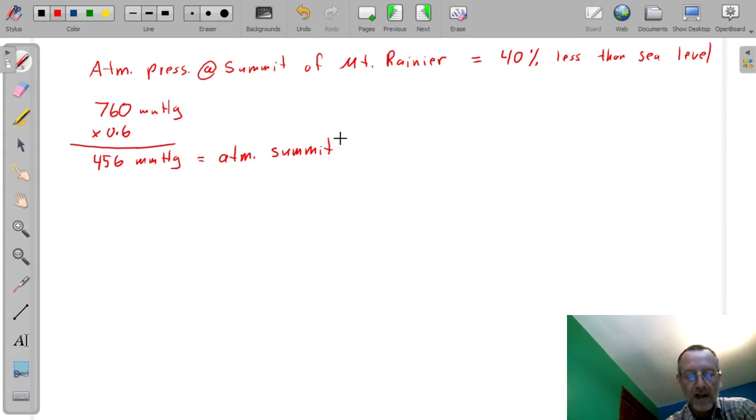Well, the percentage of oxygen is always the same regardless of altitude. So we know that O2 equals about 21% of the atmosphere. We figured that on the previous slide.